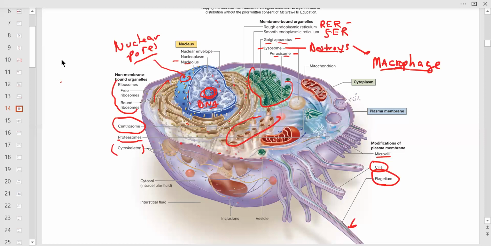Right, so look here, this is a nice way they do this. Inside the cell is the cytosol. Outside is the interstitial fluid, also known as intercellular fluid, same thing, or extracellular fluid. The inclusions could be, like they said, triglycerides and pigments. Vesicles carry things.